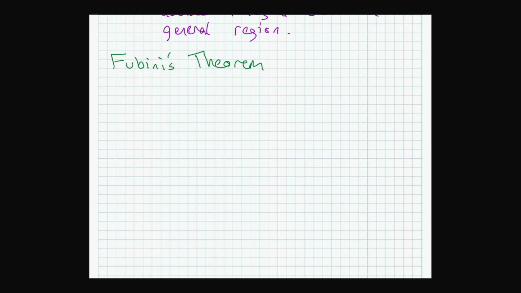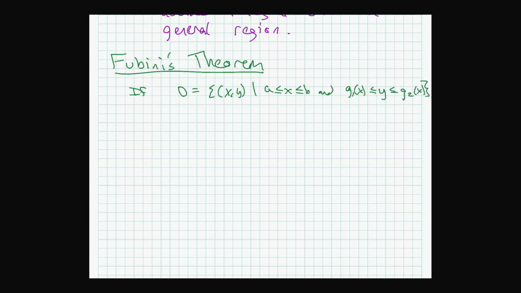Okay, and so here's what Fubini's theorem will be for a general region. So if your D here is going to be the set of x, y, such that x is between a and b, and y is between, we'll say, g1 and g2, like that. So this is type 1.